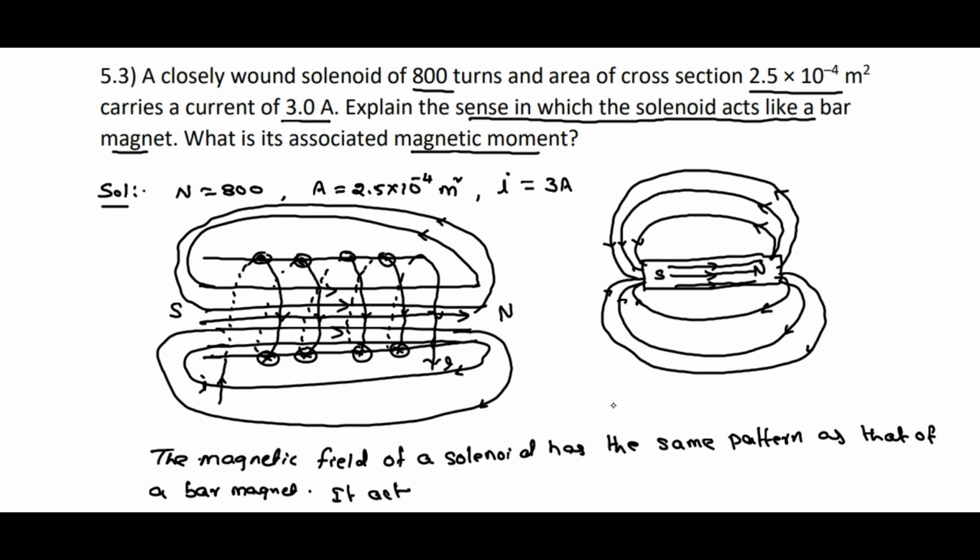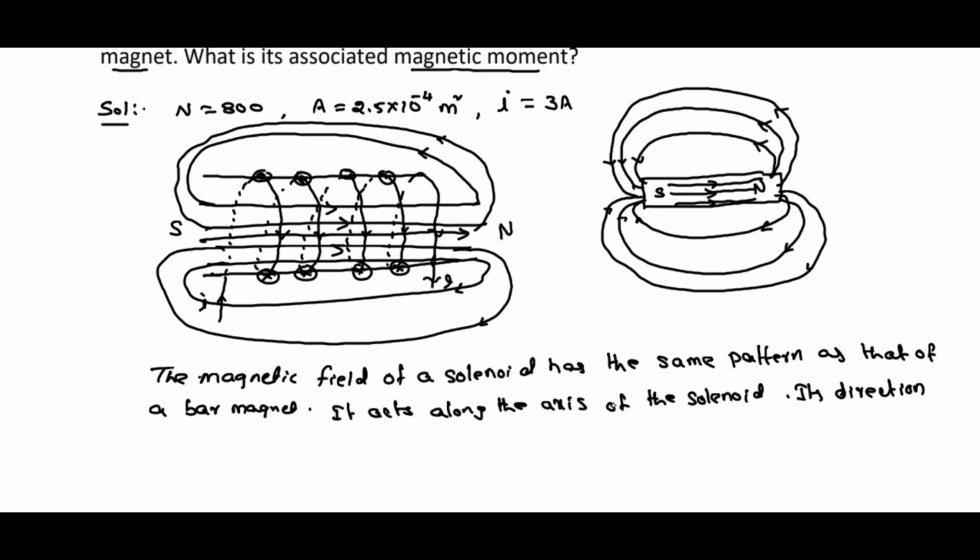It acts along the axis of the solenoid. Its direction is determined by the sense of flow of current.